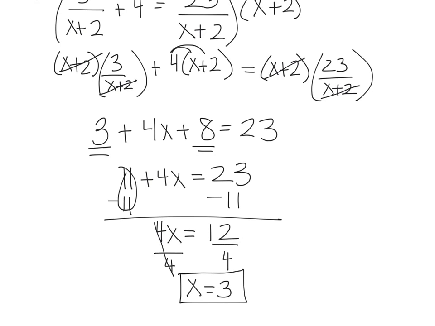Now remember, Part A told me that I can't have x equaling negative 2. Well, since x equals 3 and not negative 2, I know that this can be a solution to my equation. So my solution set is x equals 3.